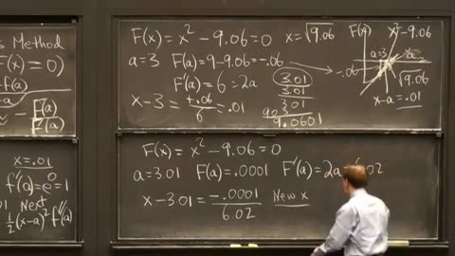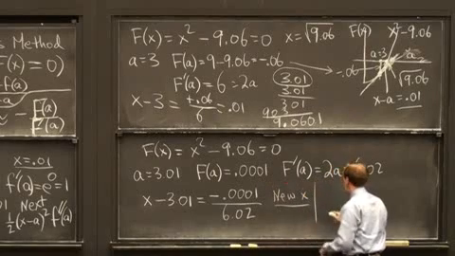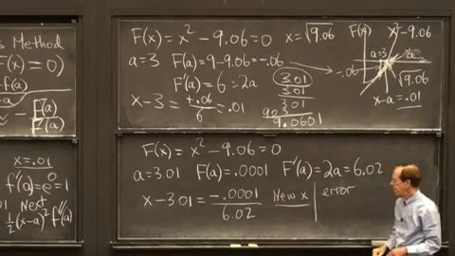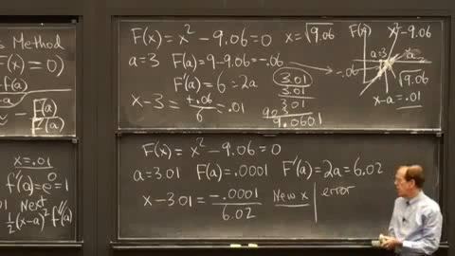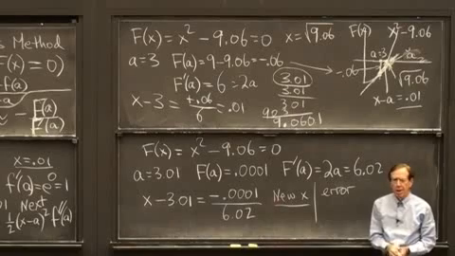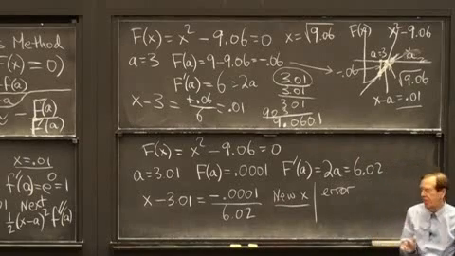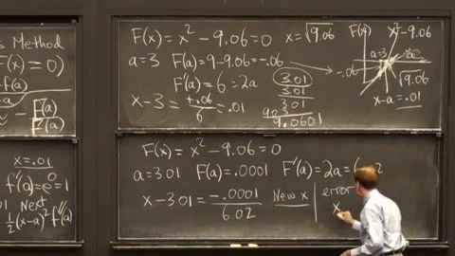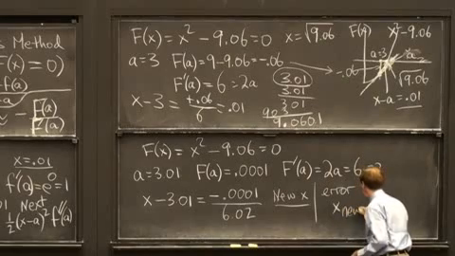I believe that the error, I don't know what it is. That's more than I can do in my head, squaring that 3.01 minus this little tiny bit. But I am confident that the error, the x new squared.